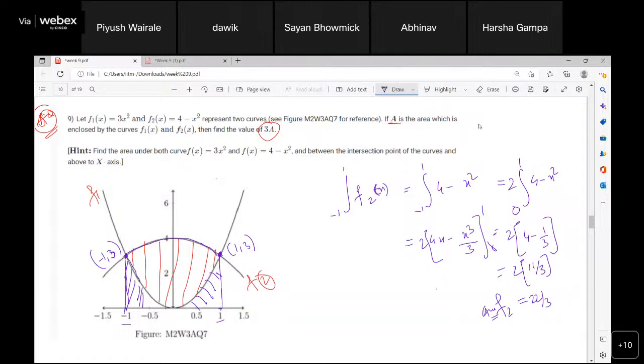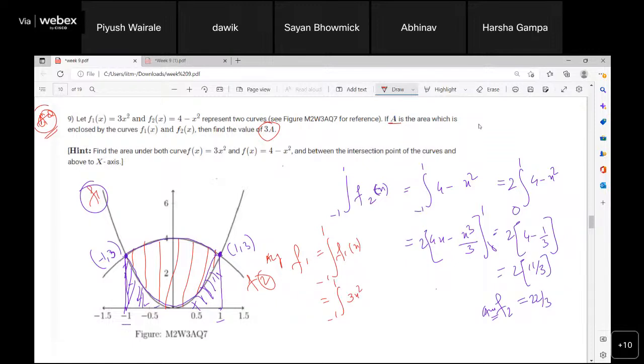Now I need to subtract the area under this curve also, right? For that, I need to find out the area under this curve f1. So it will be the integral from minus 1 to 1 of f1 of x, so 3x square.